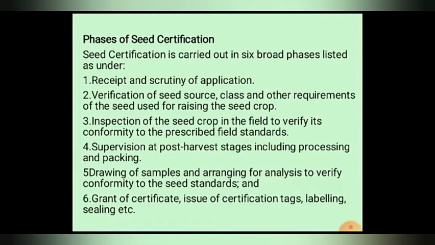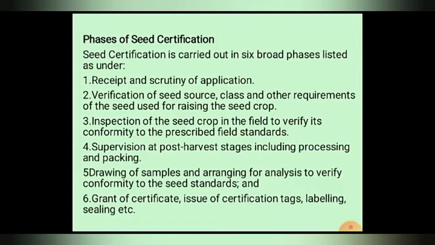Phases of seed certification. Certification is carried out in six broad phases, listed as follows. Number 1, receipt and scrutiny of application. Number 2, verification of seed source, class, and other requirements of the seed used for raising the seed crop. Number 3, inspection of the seed crops in the field to verify conformity to the prescribed field standards.